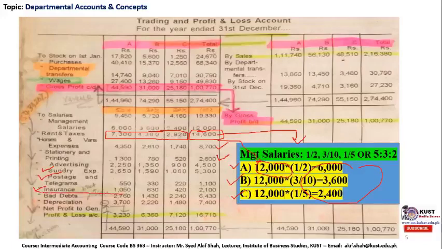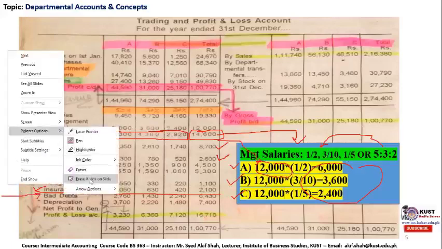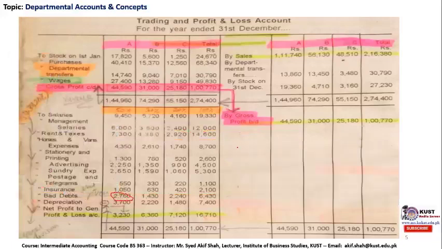Up to this point we have calculated and used this same formula pertaining to 5:3:2, or we can say that 1/2, 3/10 and 1/5 division. However, for the bad debts, since the question has given us a clear-cut division for the bad debts, let's go back and check it out.